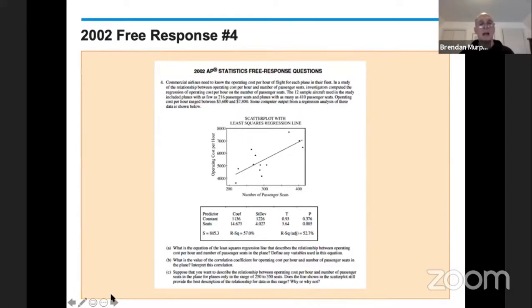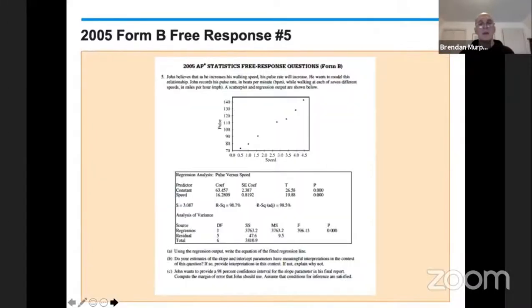Maybe I'll try and hit that on Friday when we do nothing but free response. So here's some AP exam practice, and I'll see if I can do this really quickly and get you out of here on time. John believes that as he increases his walking speed, his pulse rate will increase.